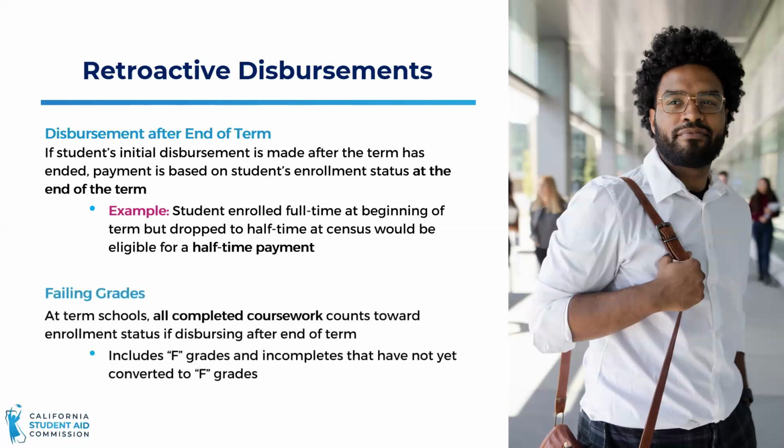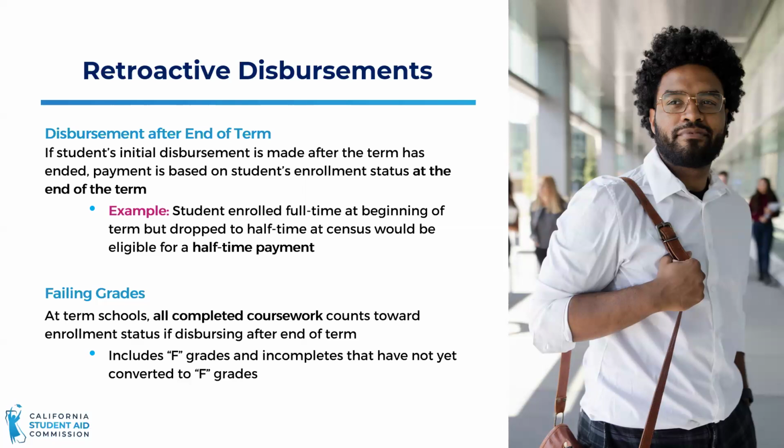Now, sometimes the student ends the term with failing grades or perhaps unearned grades like withdrawals. So if you are a term school, all completed coursework counts toward that Cal Grant enrollment status if you are disbursing at the end of the term. We get this question a lot because it does feel kind of unusual to pay a student for an F grade.